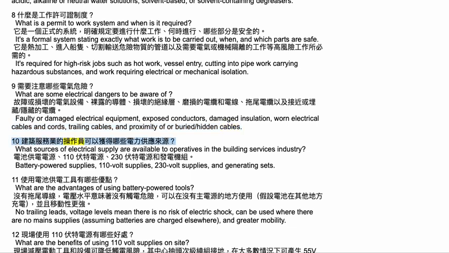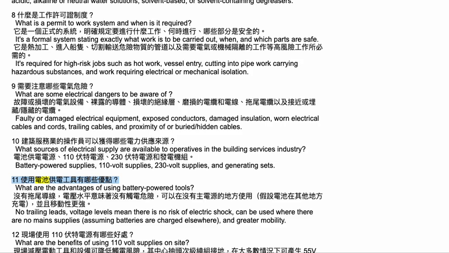What sources of electrical supply are available to operatives in the building services industry? Battery-powered supplies, 110 volt supplies, 230 volt supplies, and generating sets.